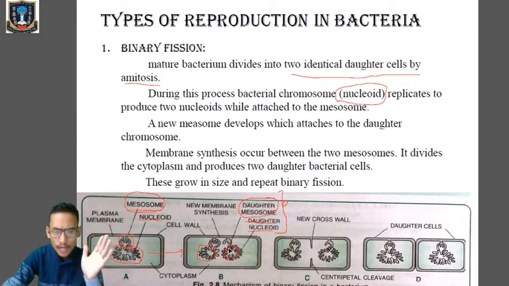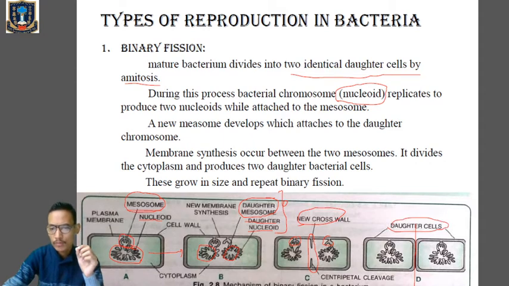Then after the formation of daughter nucleoid and daughter mesosome, there will be formation of a new cross wall and membrane. Can you see over here? A membrane formation occurs between the two mesosomes. Clear? And this membrane formation keeps on growing till it divides the cytoplasm. Can you see over here? Till it divides the cytoplasm and produces the two daughter cells.